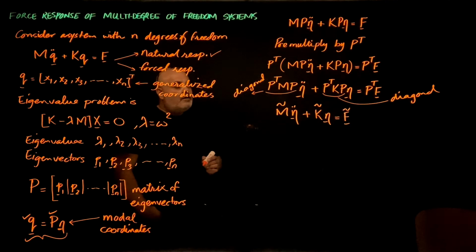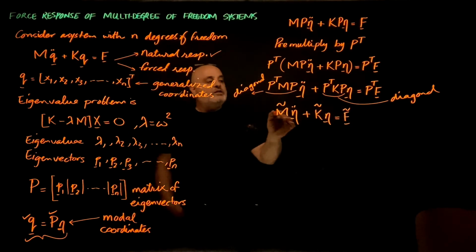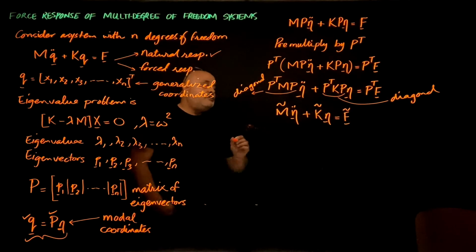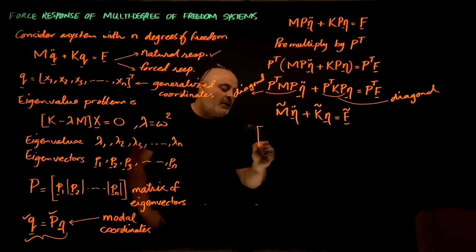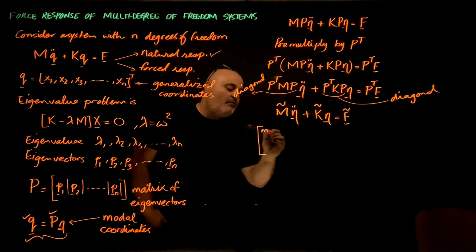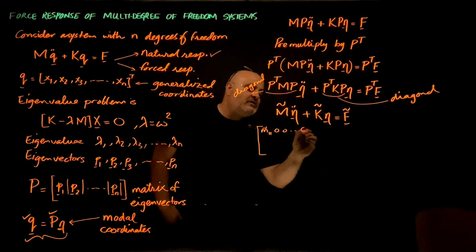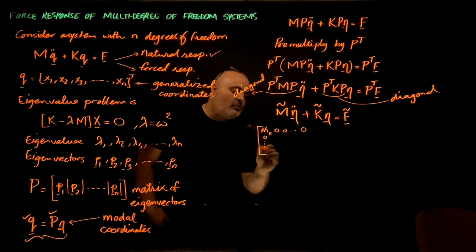Now, the M tilde, K tilde matrices are both diagonal. So they are like M tilde 1,1, 0, 0, 0, and 0 all the way to 0.